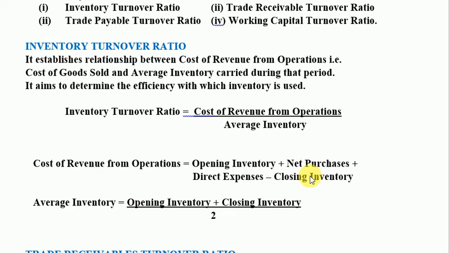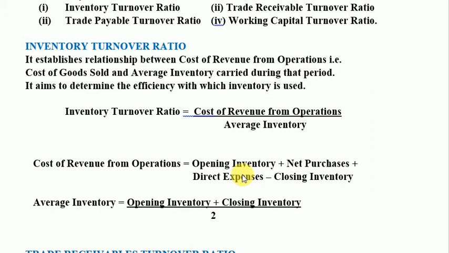I hope you remember direct expenses. These are the expenses which were shown on the debit side of trading account. Example: wages, carriage inward, octroi, import duty, etc. So all the direct expenses are included in this formula of cost of revenue from operations.